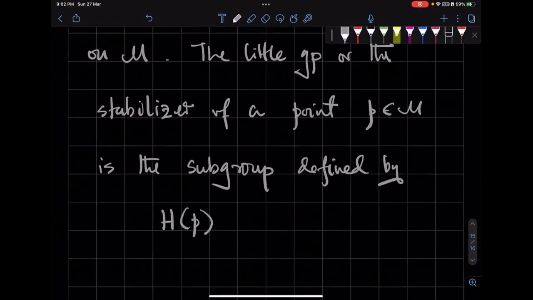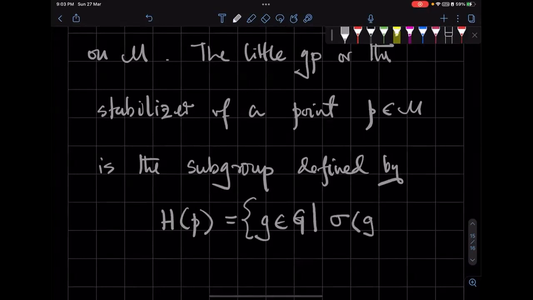So the subgroup depends on the point that we choose. It's given by all the elements in G such that the action of G on P is a fixed action.